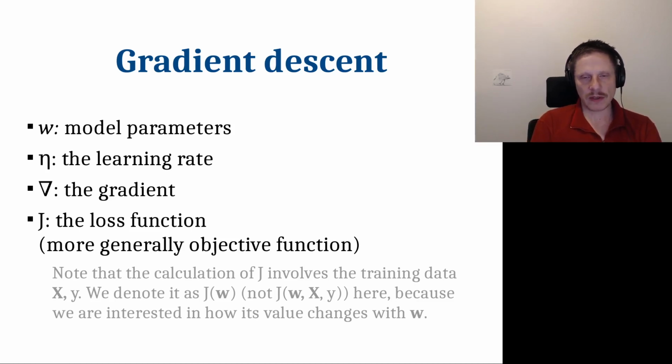That is because in this particular context of optimization, we are interested in how the value of this function J changes with W, because that's what we're going to be updating. X and Y, our training data, is just constant, so we will obviously not be changing it. But keep in mind that it's a bit of a simplified notation here.